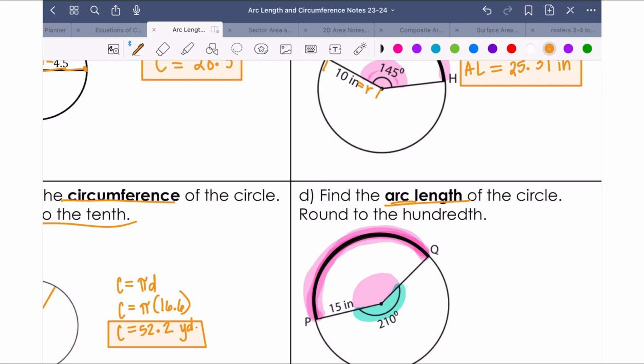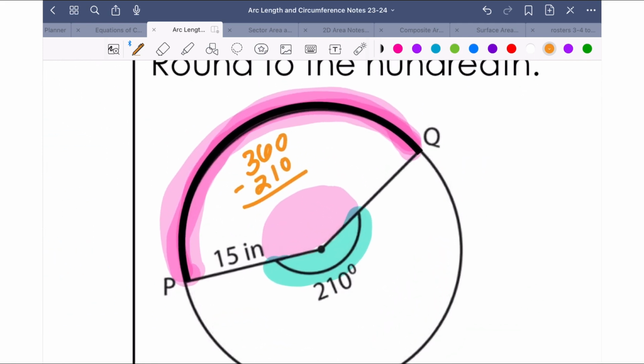If the full circle is 360, then I can just take away 360 minus 210. That'll give me this section. So 150. So this section is 150 degrees.